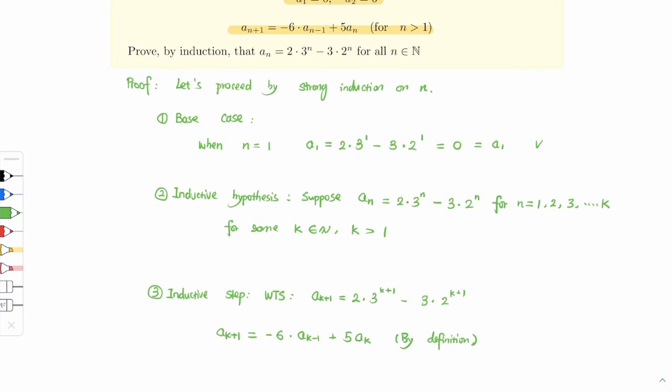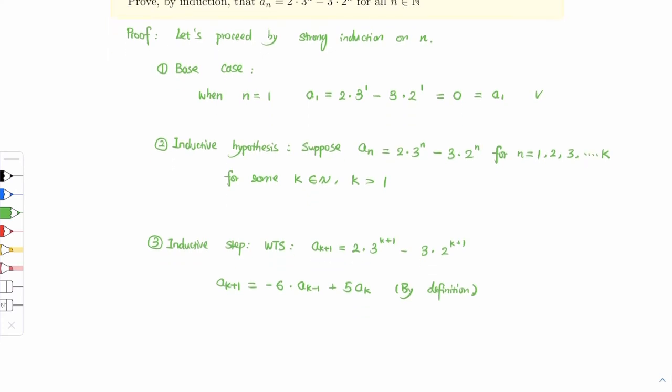Let me check if that's how your textbook writes it, because that's not how I usually write it, but I want you to follow the textbook. Yes, that's how your textbook writes it.